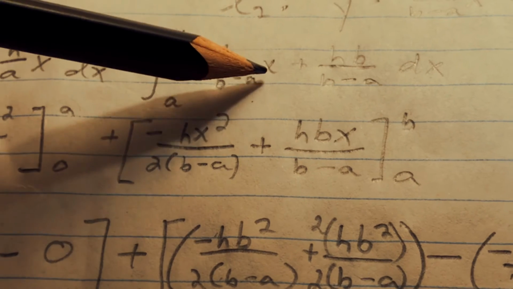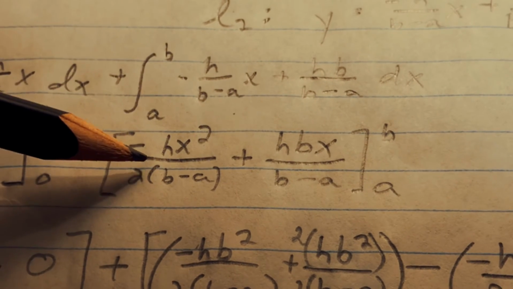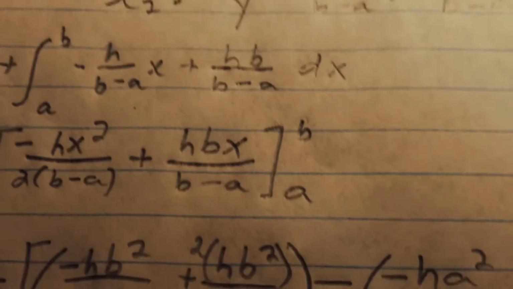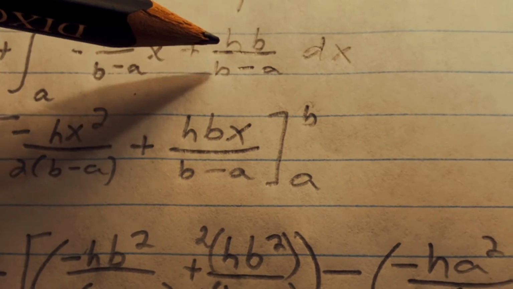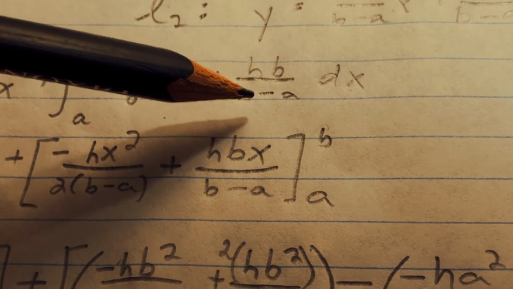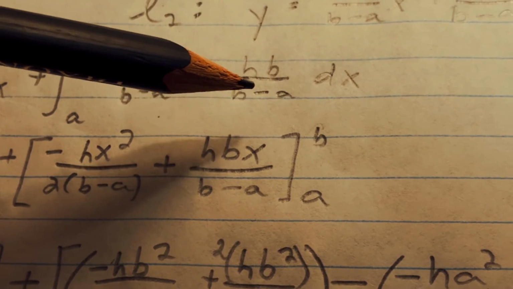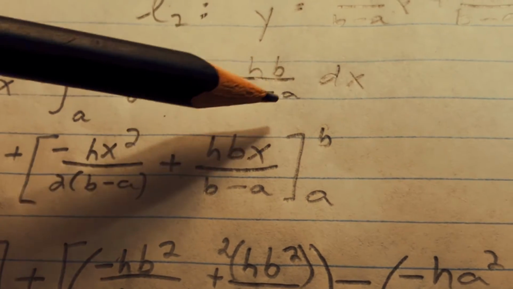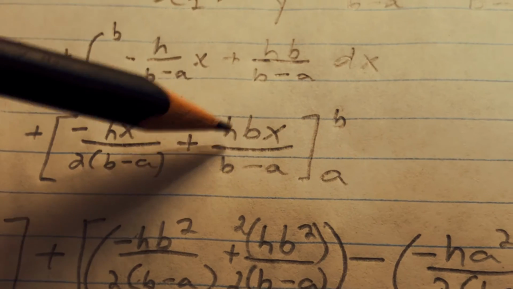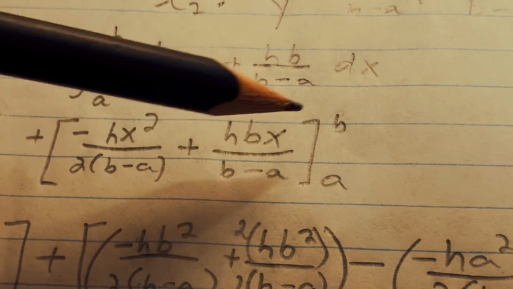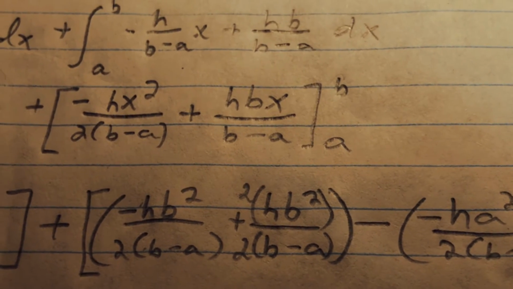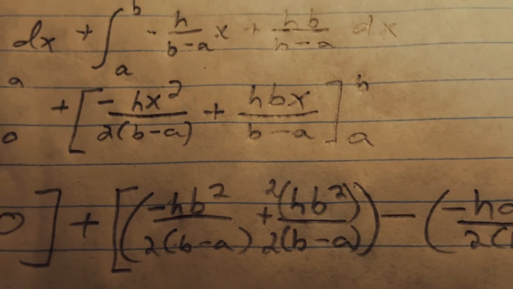Negative Hx squared over 2 times B minus A plus the antiderivative of this term. HB over B minus A is a constant term. Its antiderivative is linear, having this number as the coefficient. Here it is, HBx over B minus A, evaluated at B and subtracting the evaluated expression at A.